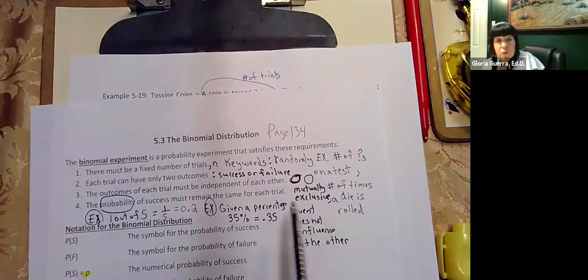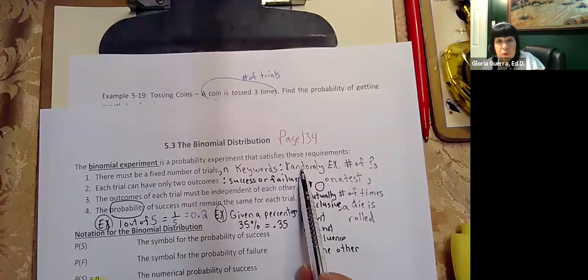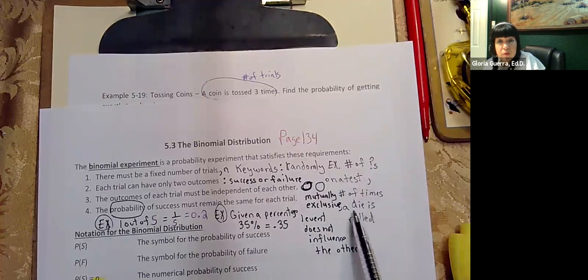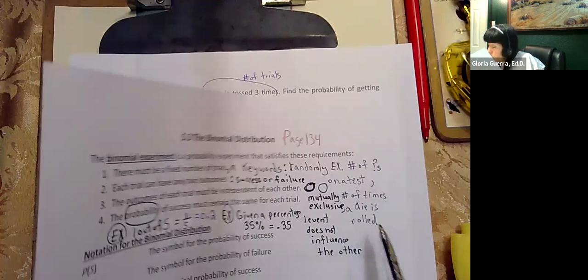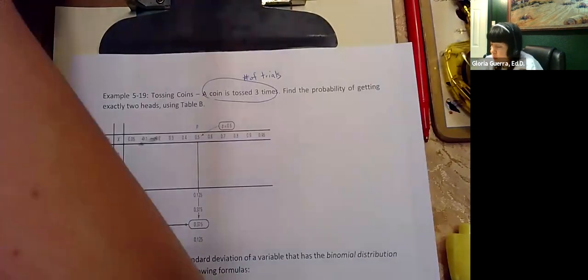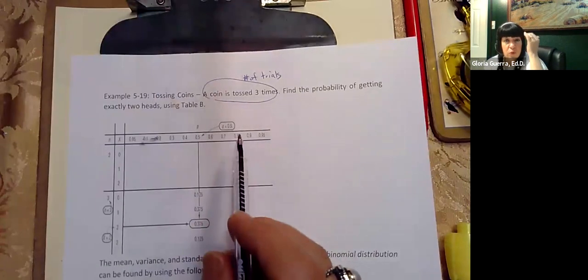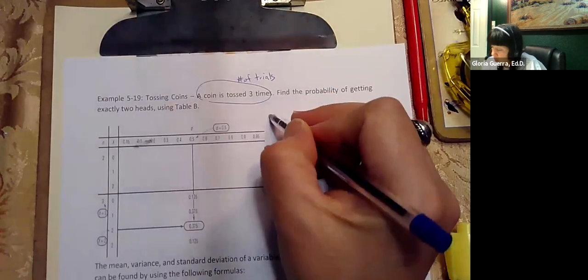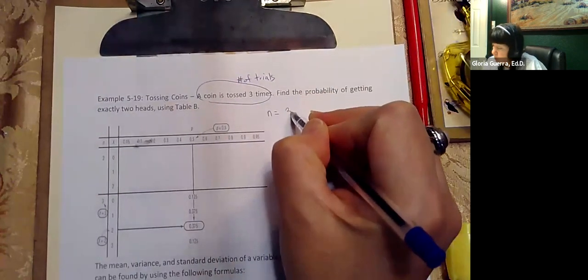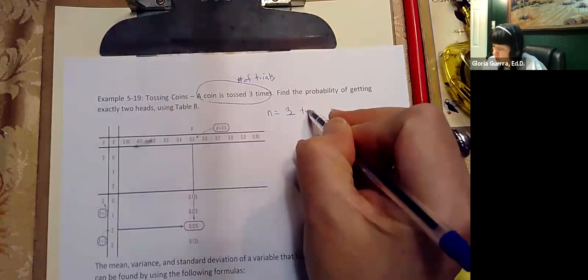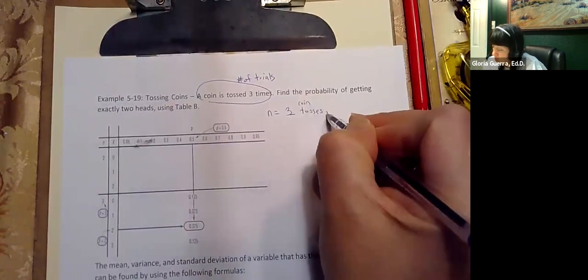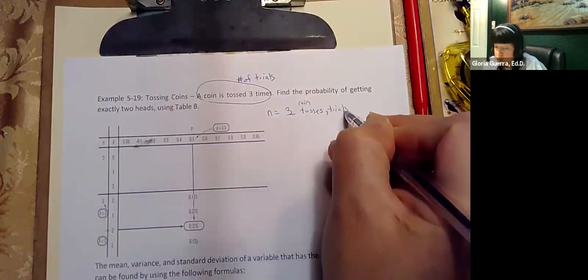I think I said keywords are either randomly or like the number of questions on a test or the number of times a die is rolled. In this case, not rolled, but the number of times a coin is tossed. So that counts as that. So your N is 3, 3 coin tosses. So these are considered trials.